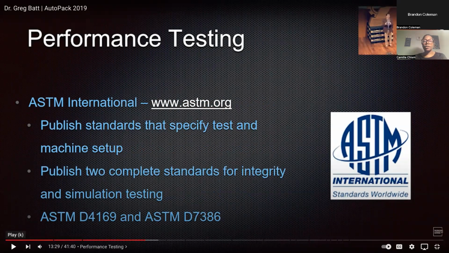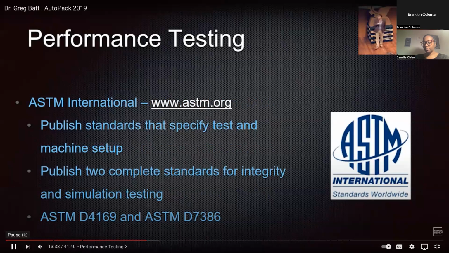And for packaging, we see it for transportation, but we'll also see it for material properties like tensile strength or compression strength, and those sorts of material standards for packaging and how those tests are done. Those standards come from ASTM. They also have a committee, the D10 committee, that is focused on packaging and package testing.